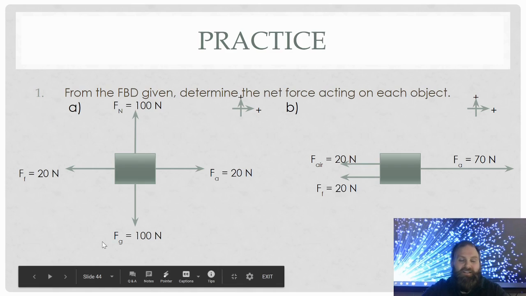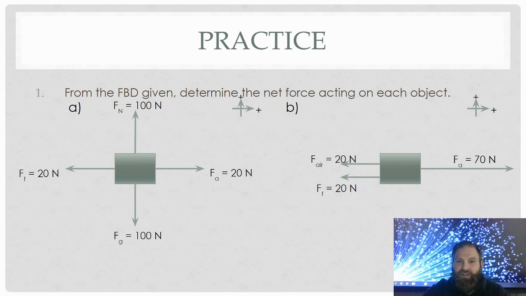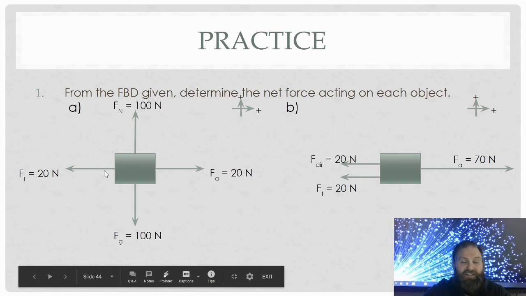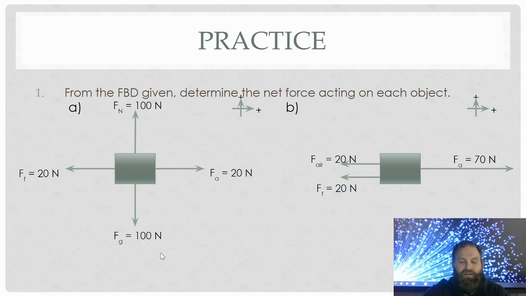If we want to practice this, we can look at these two different diagrams to figure out what the net force acting on the object is. For A, we're going to add up the x and the y components. Looking at the y components first, we have 100 newtons up for the normal force and 100 newtons down for gravity.